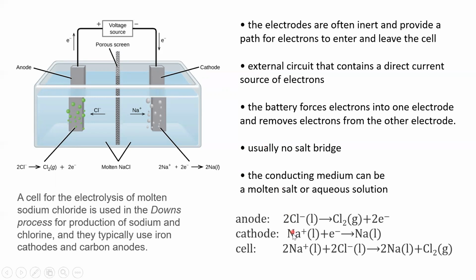So in this case, the chloride ions are being oxidized into chlorine gas, and we're generating electrons. The sodium ions are accepting those electrons to become sodium atoms, and we're producing liquid sodium and gaseous chlorine.